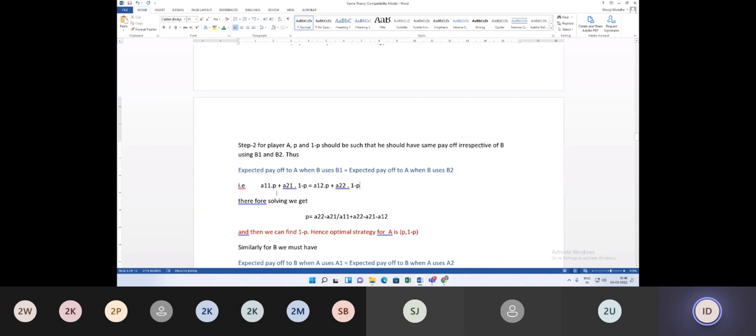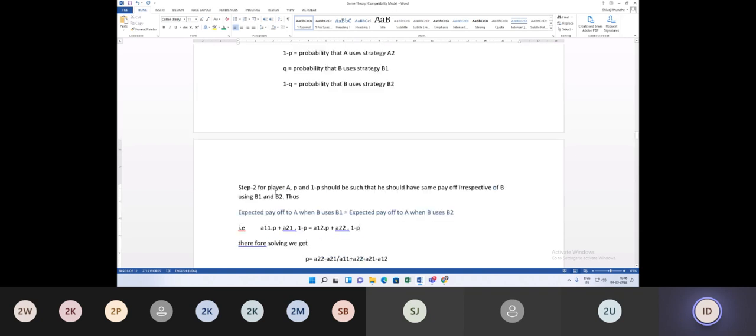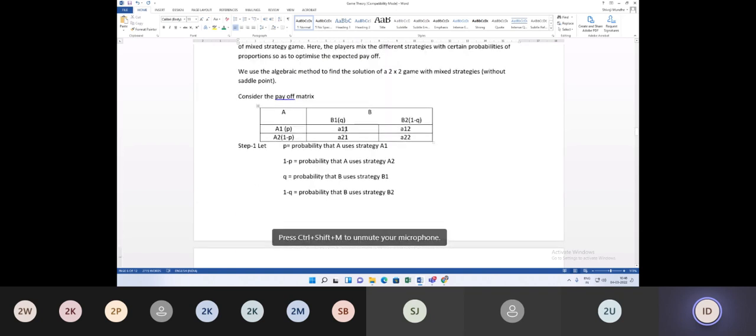A11 multiplied by P. What is this P? The probability of strategy A1 to be used.